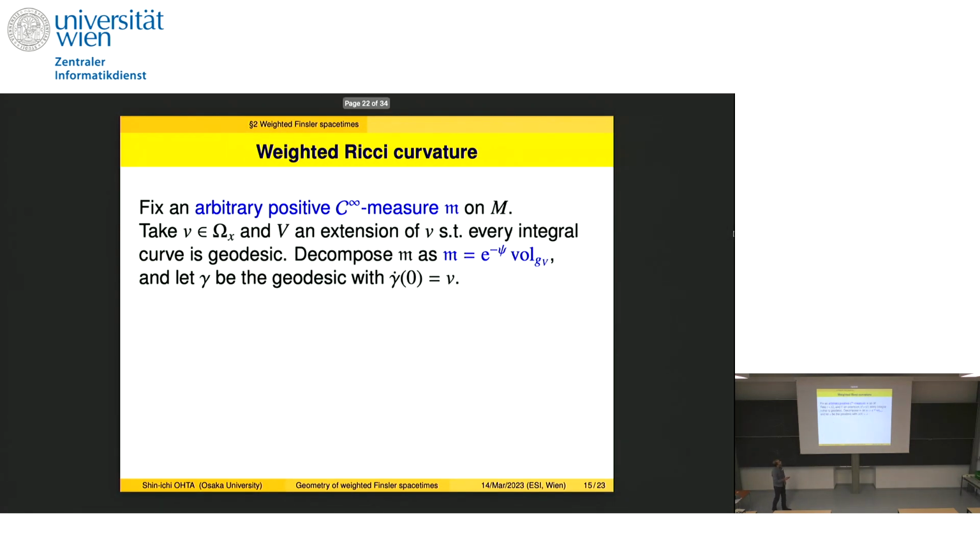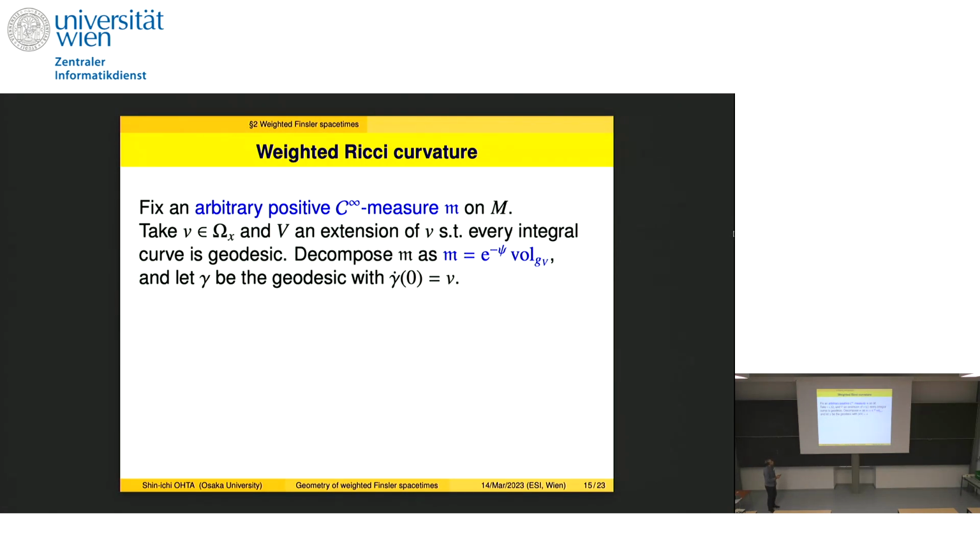Okay. And so, in the Lorentz-Finsler setting, we again consider weighted Ricci curvature. So we fix some smooth measure on this spacetime, and as in the positive definite case, we start from some, in this case, timelike vector, and we extend it to a smooth timelike vector field.